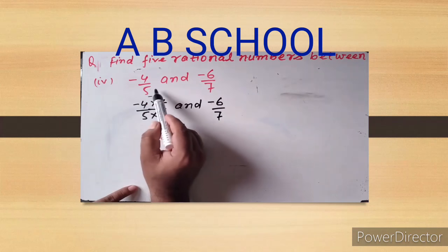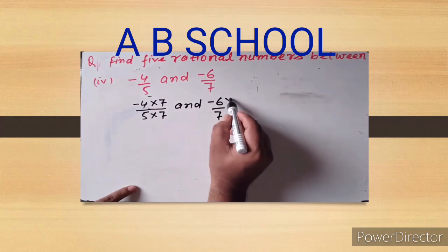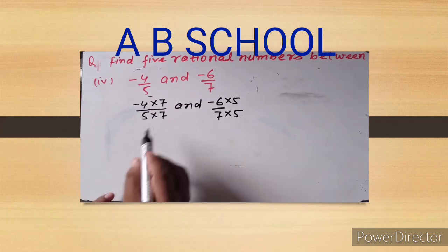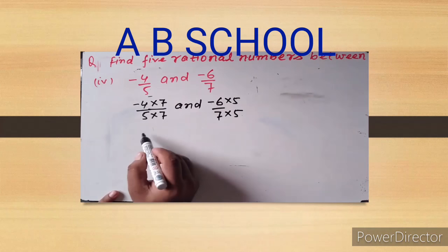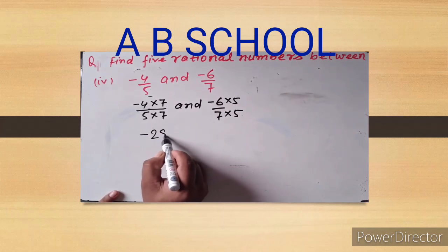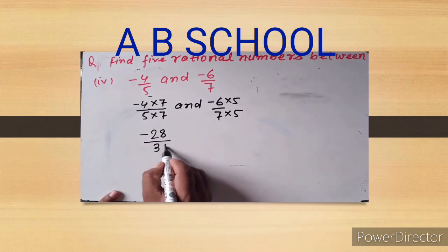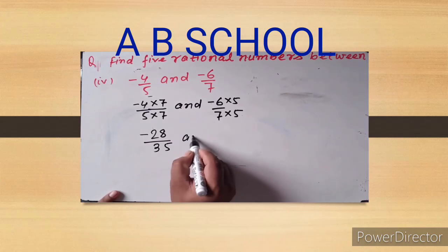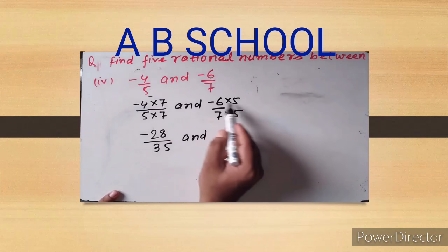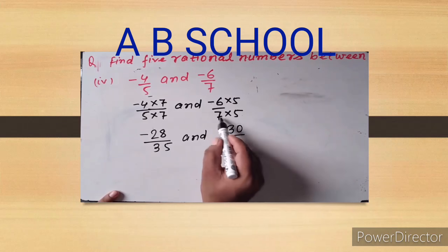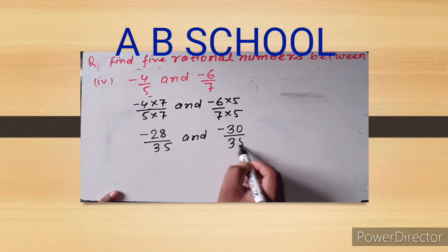We will take this one's denominator which is 5, and we will multiply its numerator and denominator. Here 4 7s are 28 with negative sign upon 5 7s are 35, and 6 5s are 30, -30 upon 7 5s are 35.